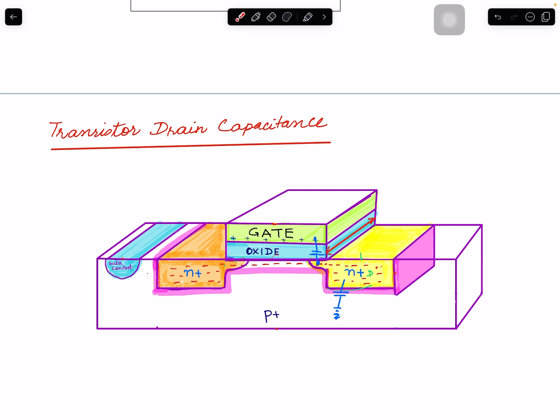What I mean to say is that this whole side is covered with this. The whole area that I'm drawing here is a dielectric, and behind that is N plus. So there is capacitance here and on the back side as well.